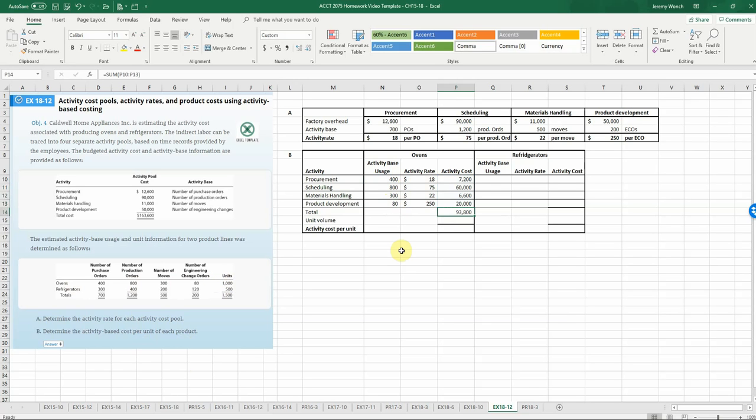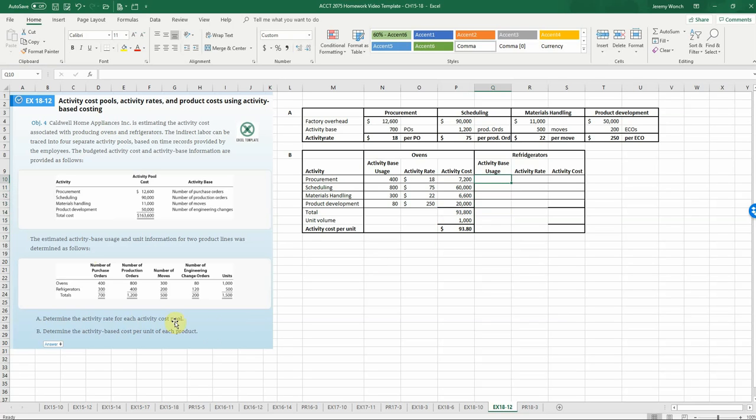So we've got 1,000 total ovens being made. And so total oven overhead is 93,800 divided by our units to get our per unit cost of $93.80.